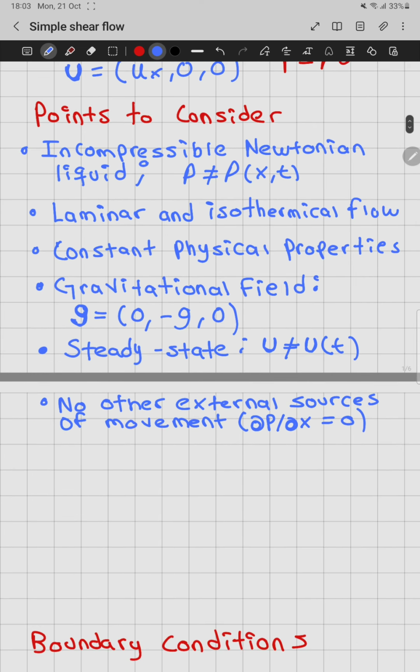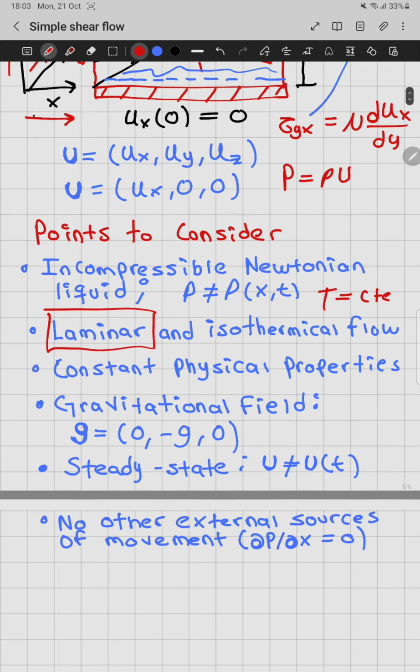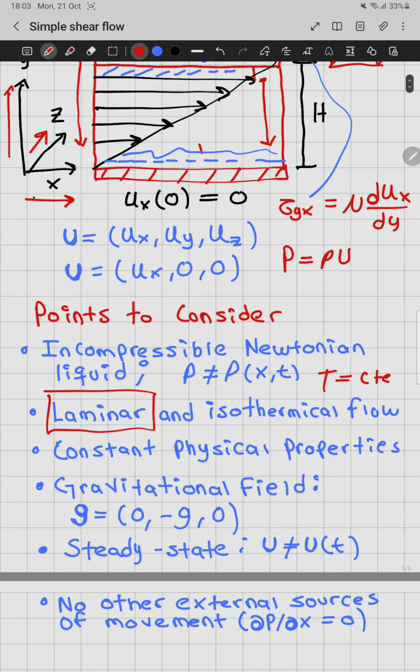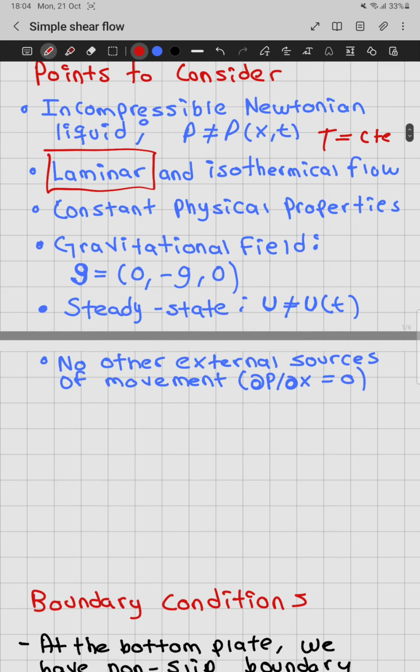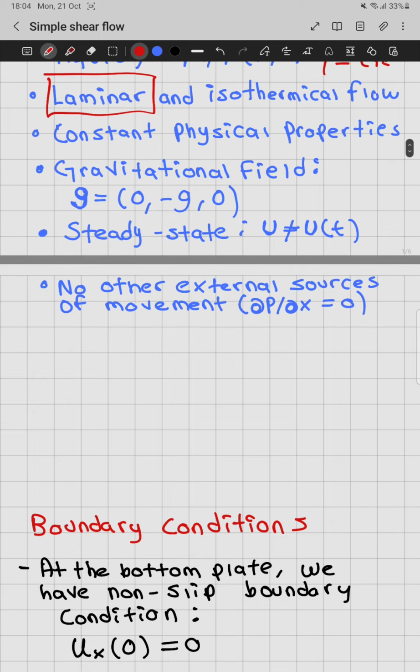So I want to introduce this concept very quickly. Isothermal flow just means that the temperature is going to be constant for the flow, so we will not introduce any sort of source of energy into the system. So what is a laminar flow?